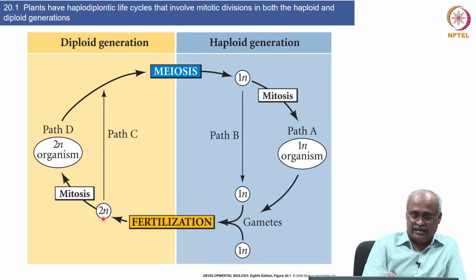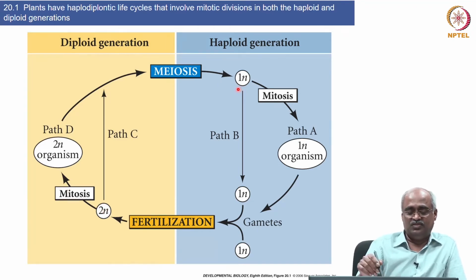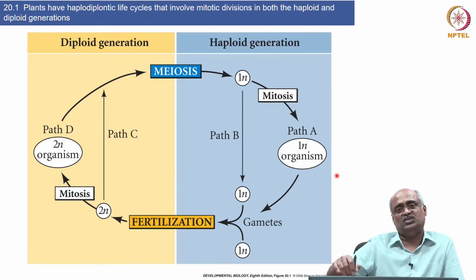It can directly skip that. Here the 2N can skip generating the 2N organism and directly undergo meiosis and make 1N. So what I am trying to highlight here is that just like how we are used to seeing the diploid generation as the main generation, the more dominating thing, like that you can have the 1N stage also, okay, the haploid generation.